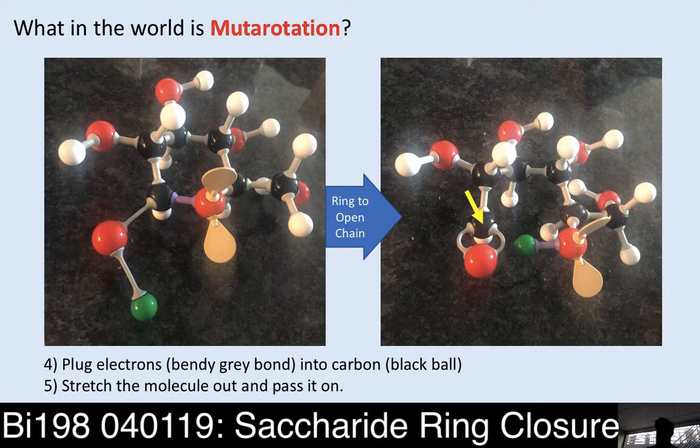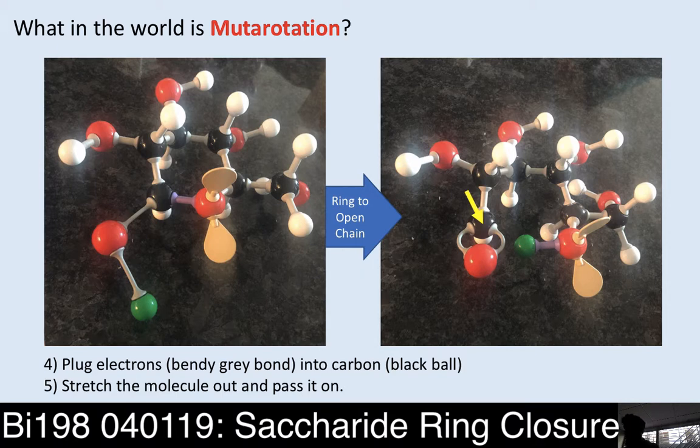All right. You have just made, let's see, that looks pretty good. Yep. Now you can stretch the molecule out and look at the open chain form of glucose. You can rotate some of the bonds once you stretch it out.